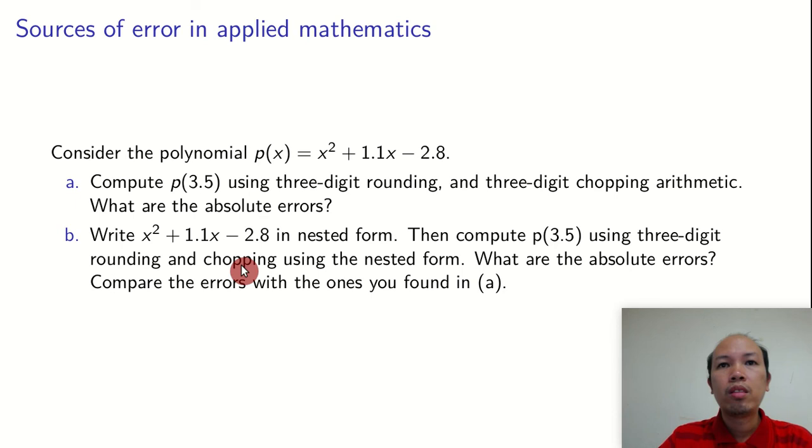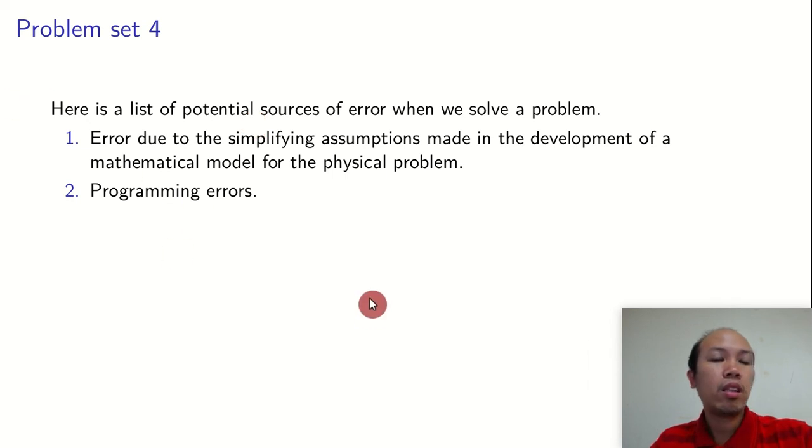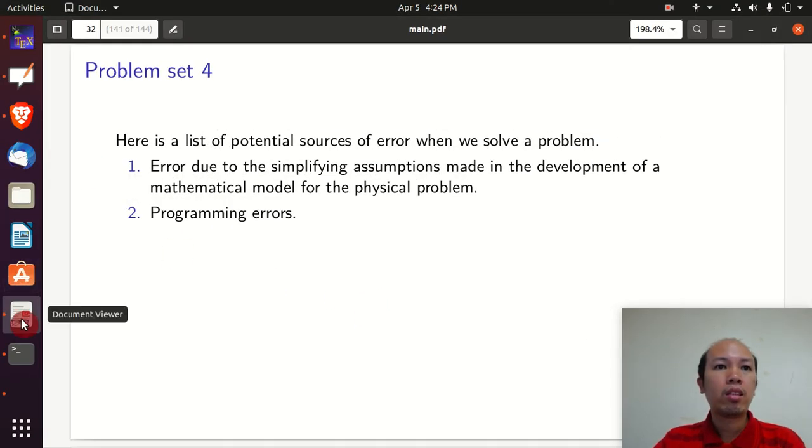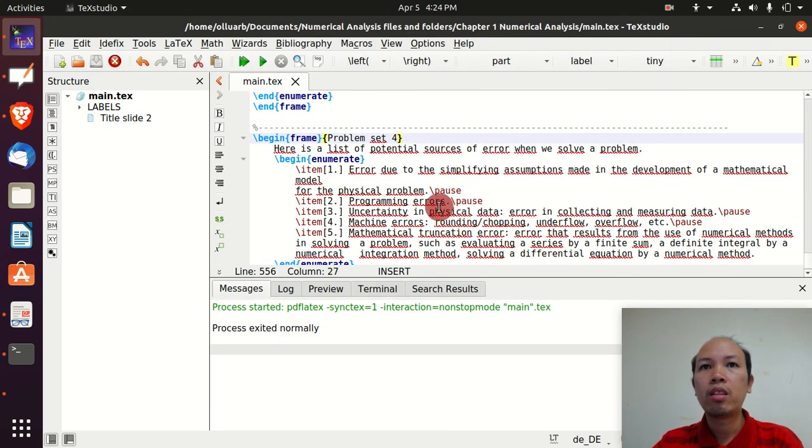Okay, so make use of our topic about propagation of error, ways on how to avoid loss of accuracy. So for the final topic, I think I have to put here, sorry, I made a mistake.